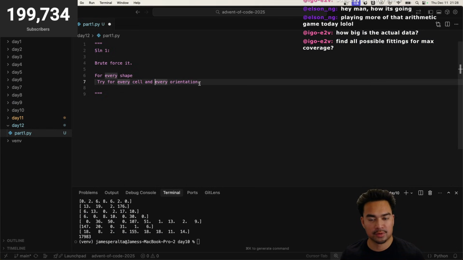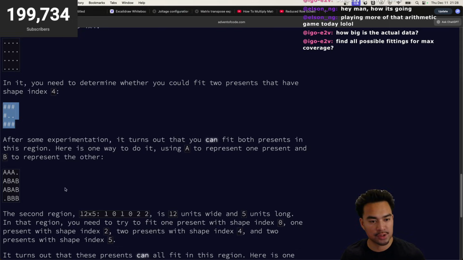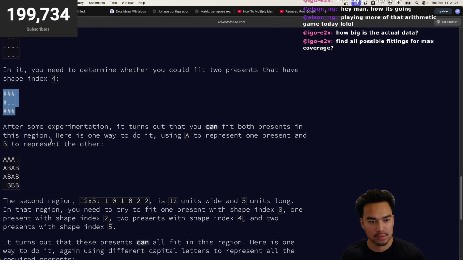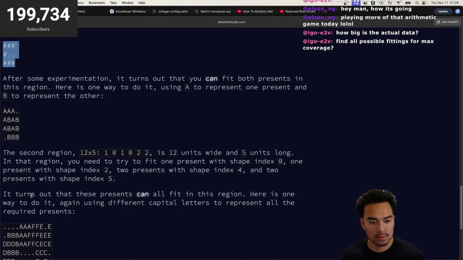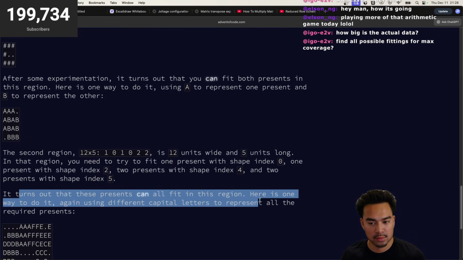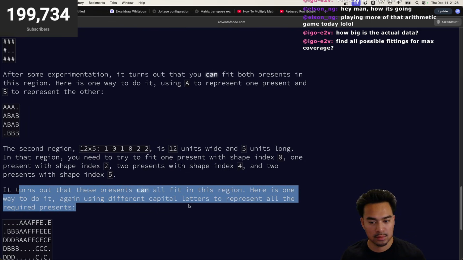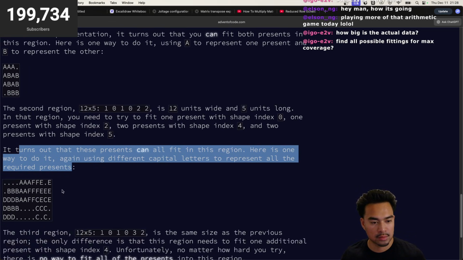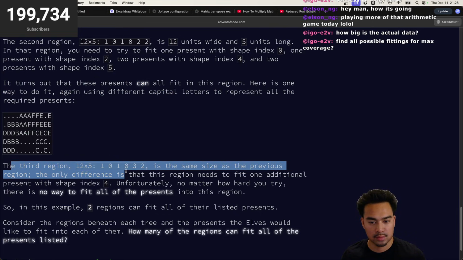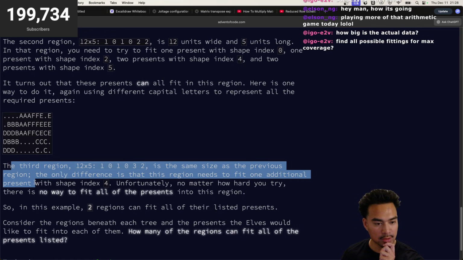We know we need to place 2 for sure, and then we just need to fit one additional.